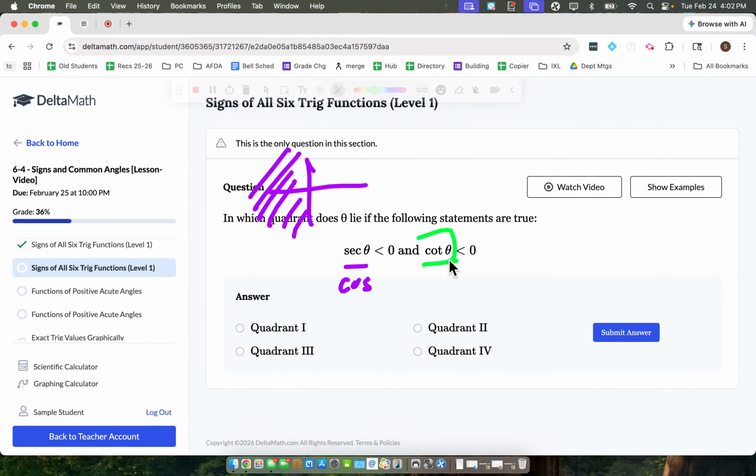So you want the quadrants where you have different signs for x and y. And different signs would be here and here. So therefore, the overlapping quadrant is quadrant 2 again.